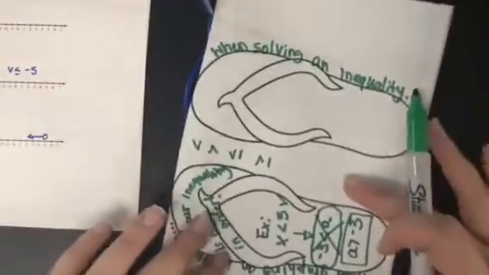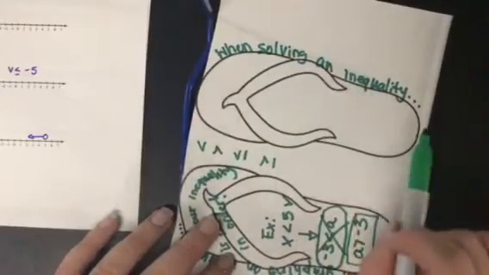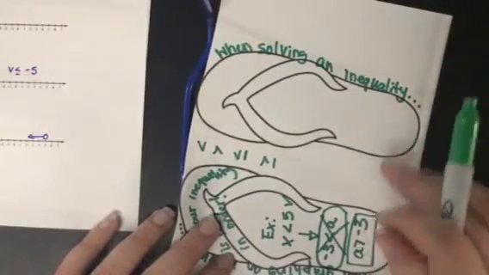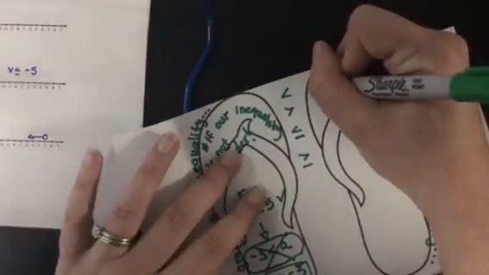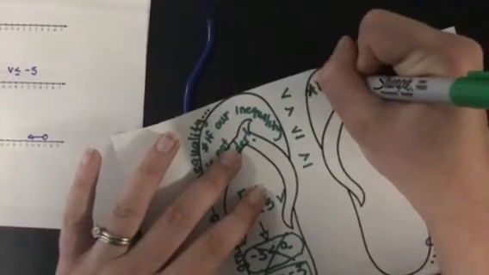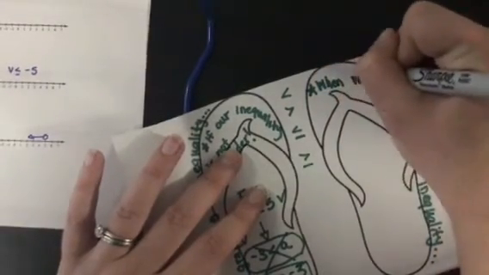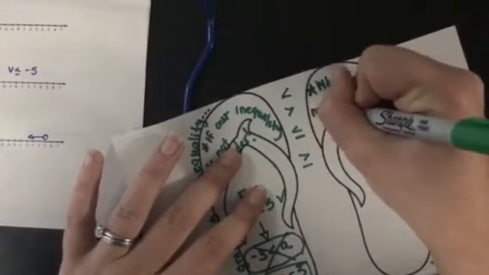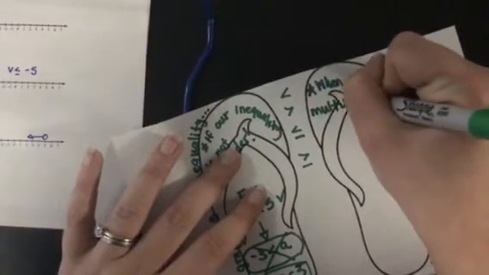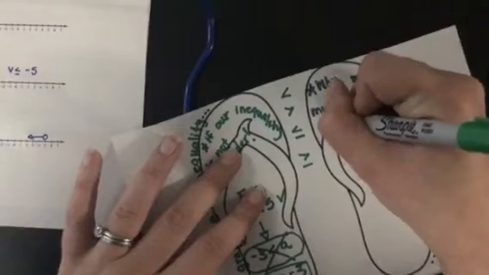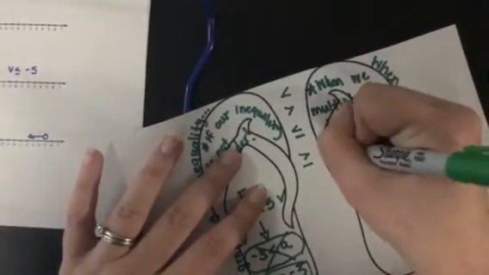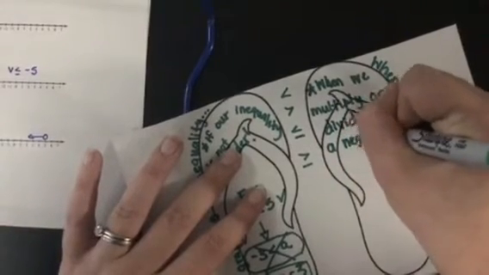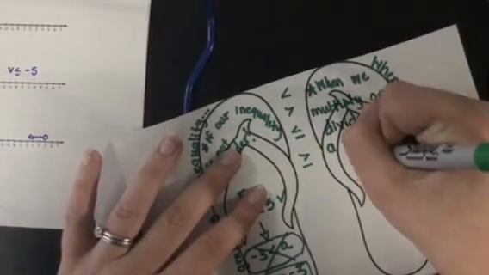variable, symbol, number, then we flip-flop it. Over here, when we're solving an inequality, here's when you flip-flop it. Bless you. When you flip-flop it is when we multiply or divide by a negative number.